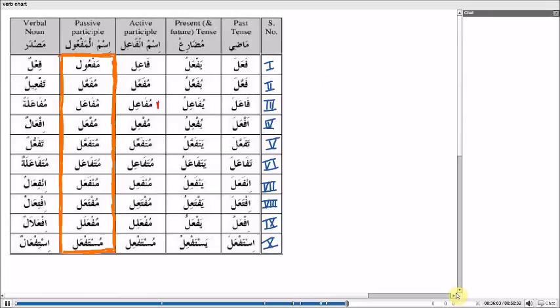So then we have mudarris. That's the third one anyway, I'm sorry. Darrasa is to make someone study. Mudarris is the fa'il. And then the maf'ul would be mudarras. It's not used that often, but that's what it would be. And the same goes for any form of the verb that you find on any of these scales.